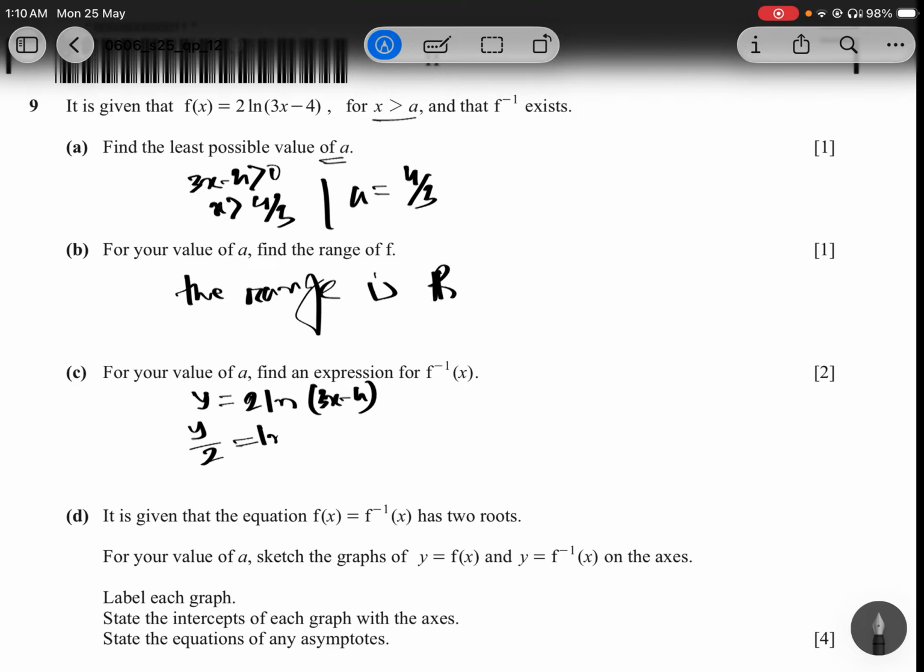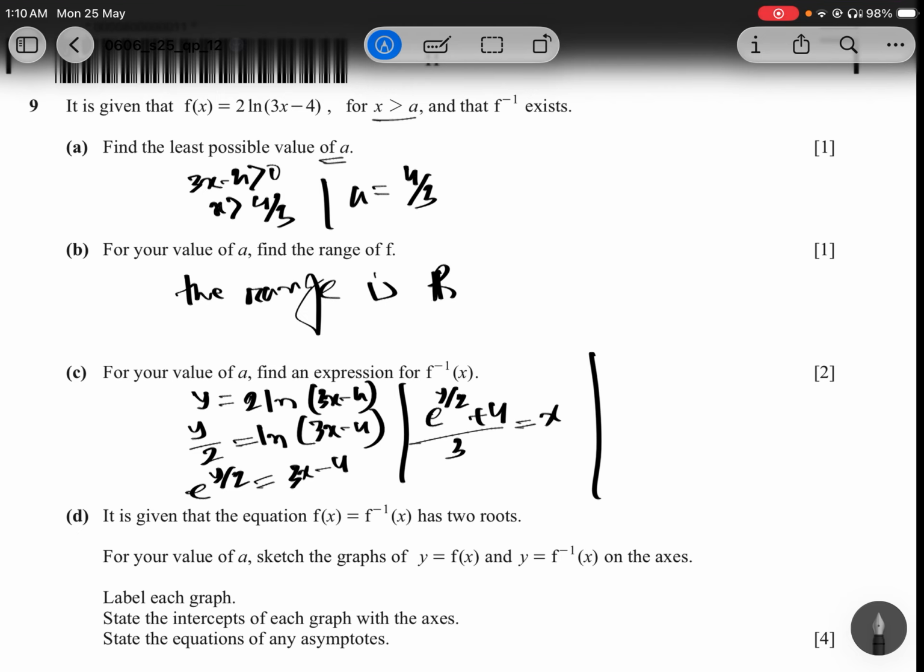So y by 2 is ln of 3x minus 4, e to the power y by 2 is 3x minus 4, e to the power y by 2 plus 4 divided by 3 is equal to x. So f inverse of x is e to the power x by 2 plus 4 over 3.